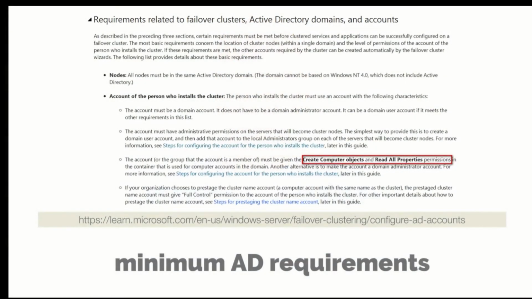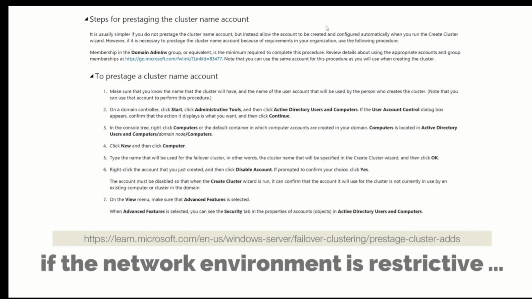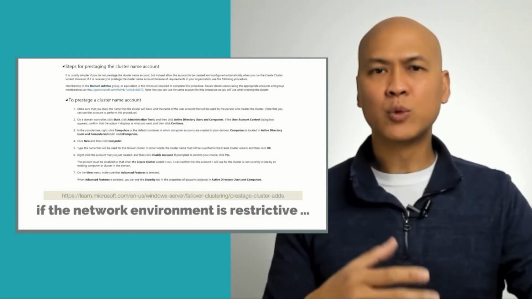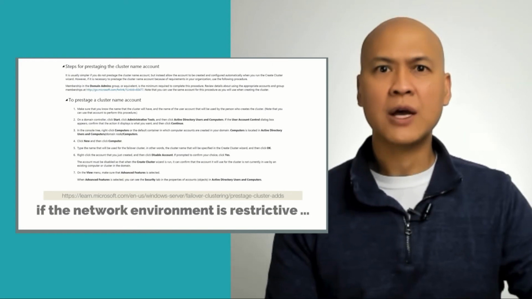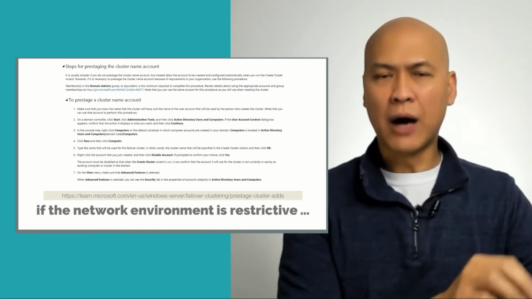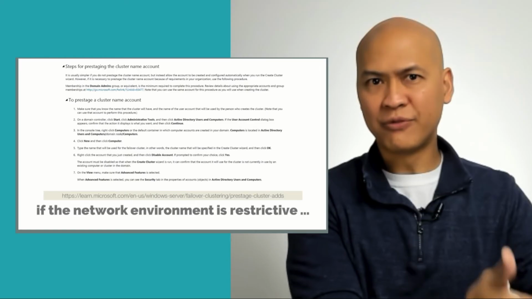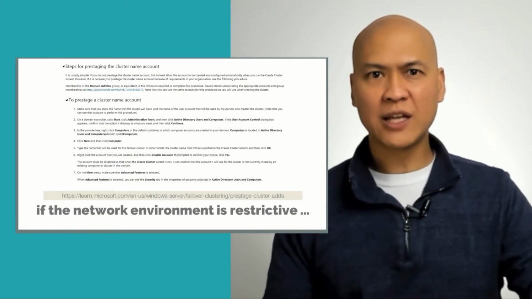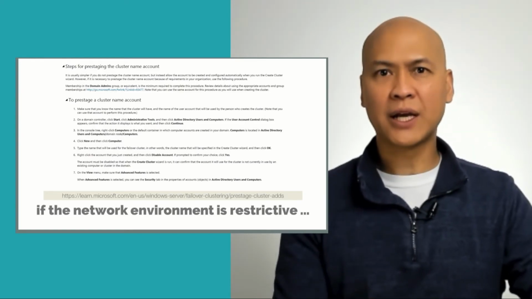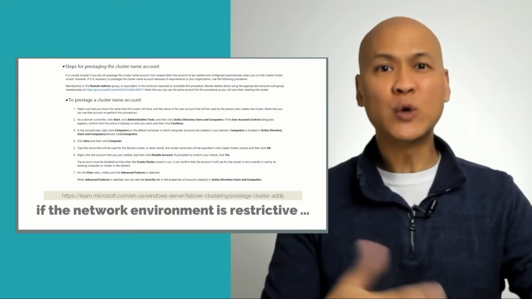So what you do in this case is ask them to pre-stage the computer account. You can send them a link to this Microsoft documentation. They will create the cluster name object in Active Directory beforehand and then disable it, so that when you start creating the cluster, you're no longer creating the cluster name object in Active Directory, you're just re-enabling it.